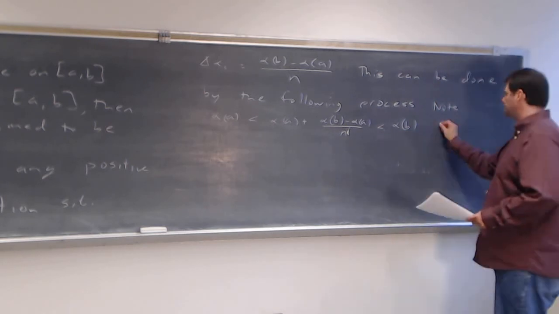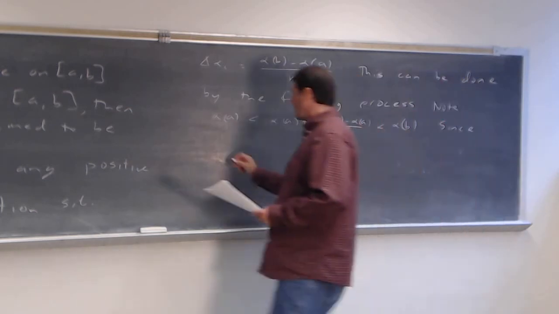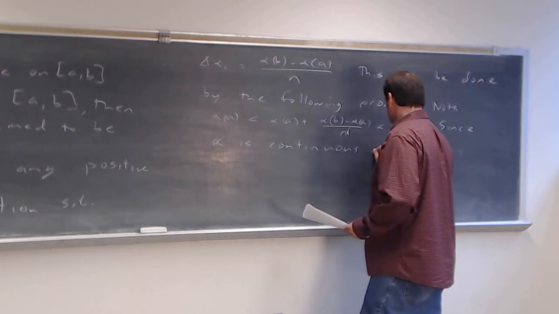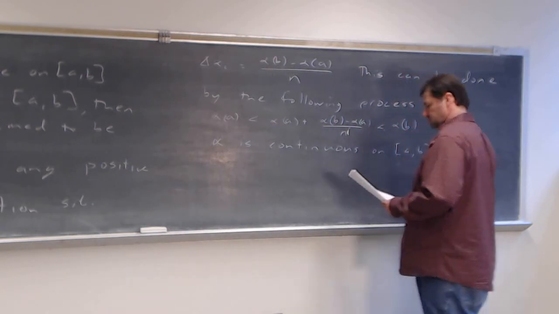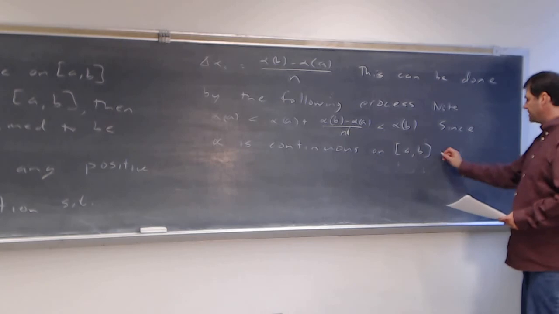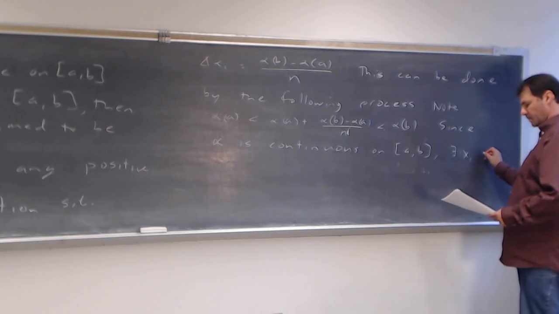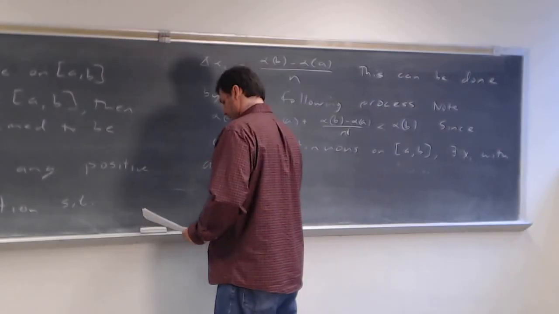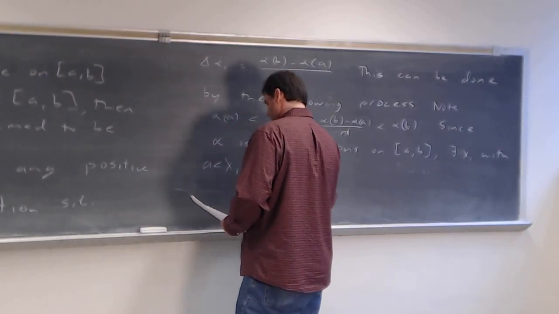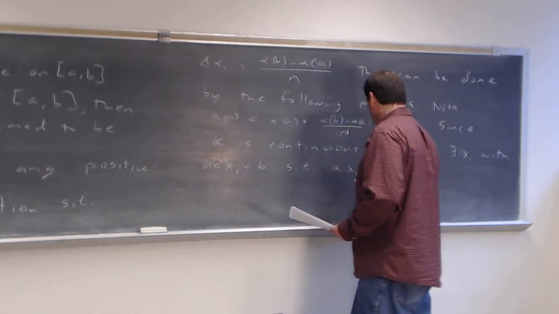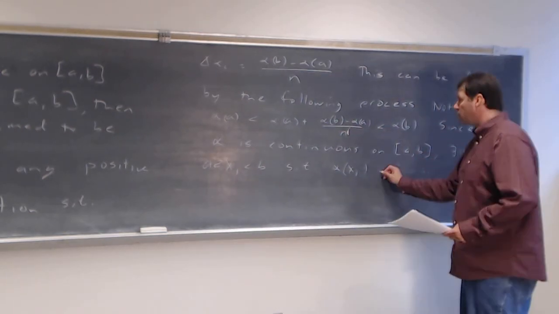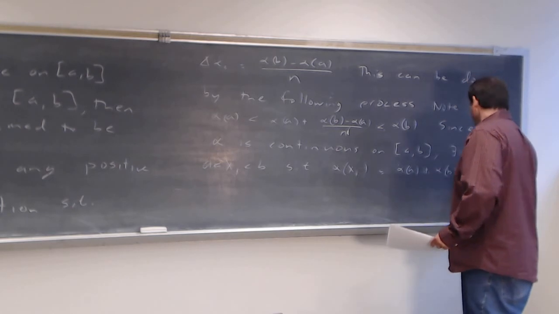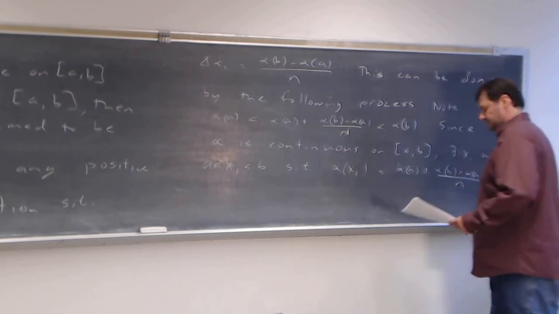Since alpha is continuous on [a, b], there exists an x sub 1 in between a and b such that alpha of x sub 1 is equal to alpha of a plus alpha of b minus alpha of a, all over n.